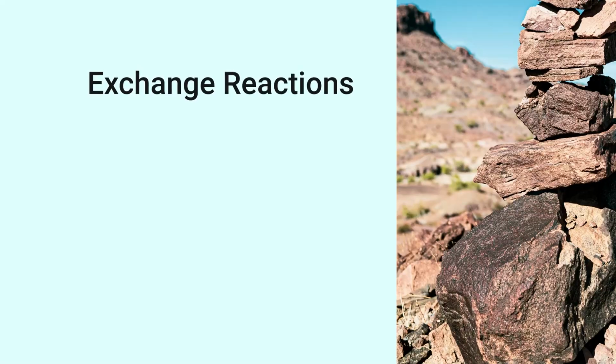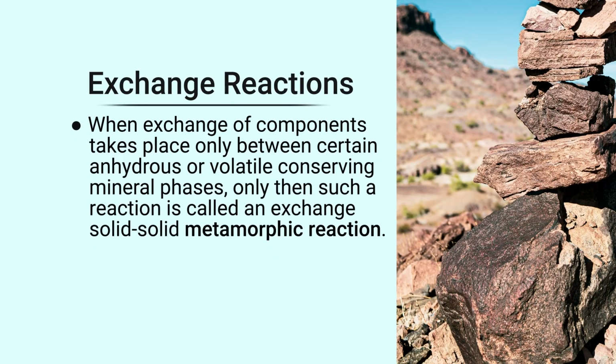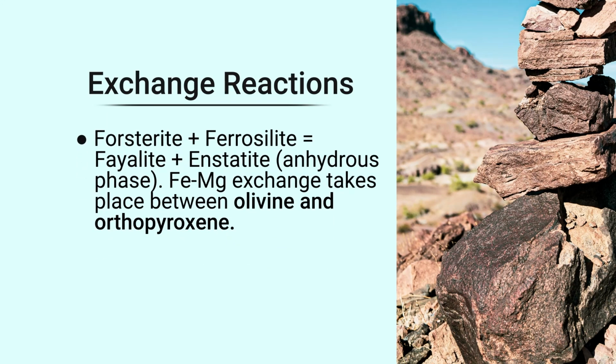Now, the next reaction type is exchange reaction. The name itself tells you that when exchange of components takes place only between certain anhydrous or volatile conserving mineral phases, only then is such a reaction called an exchange solid-solid metamorphic reaction. Now, what happens here?